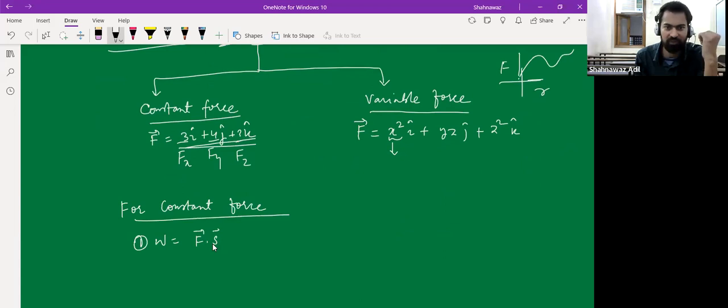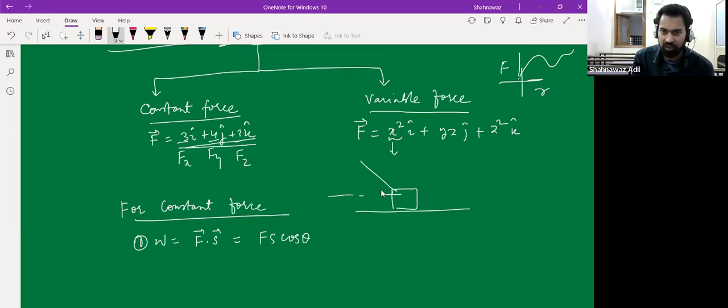Let's say you apply some force and this is the angle, and this displaces some body. So the angle between the displacement and the force is theta, like this.